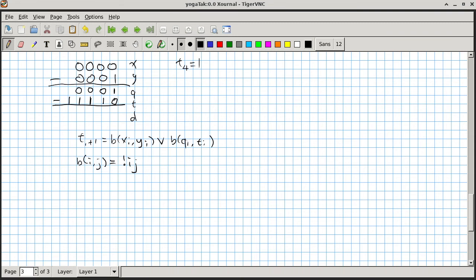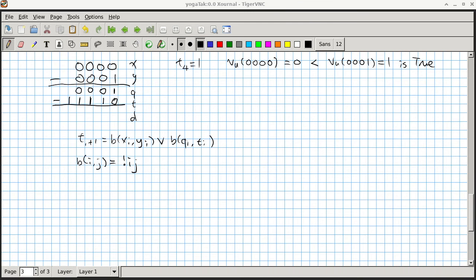So this is a conclusion that VU of 0, 0, 0, 0, which turns out to be 0, is less than VU of 0, 0, 0, 1, which turns out to be 1. That is true. Is that right? Does anyone want to challenge that 0 is less than 1? Okay, very good.